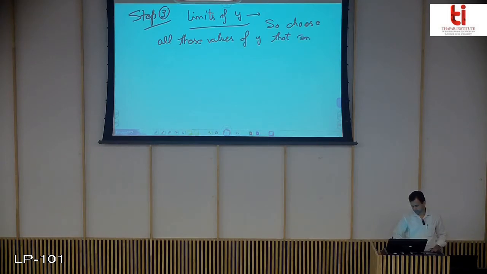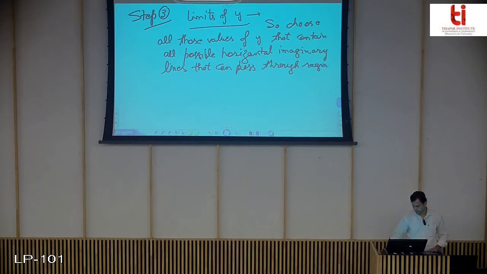Now step 3, limits of y. Here choose all those values of y that contain all possible horizontal imaginary lines that can pass through region R. So you must choose those values of y that contain every horizontal imaginary line passing through that region.